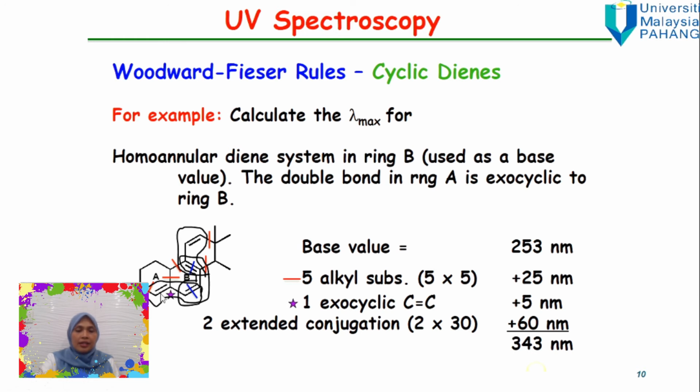Yes, this one is the double bond for B ring. So one isocyclic. And then next, C. Close C. Is there a double bond at each side? No, this one is not considered because it is not on this side. Okay, so the total is 243.